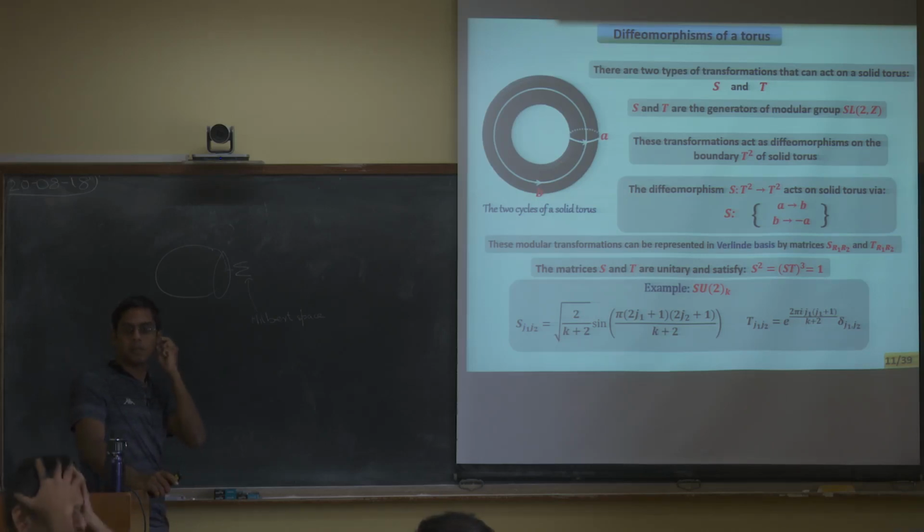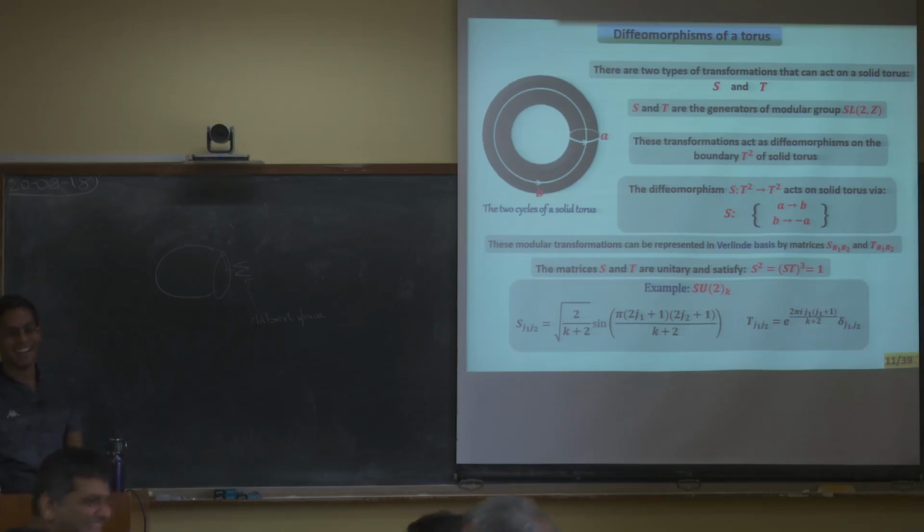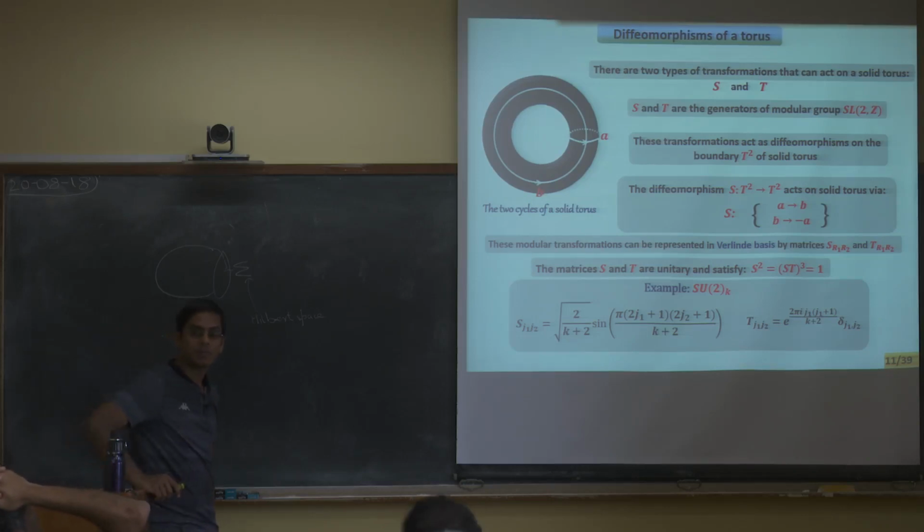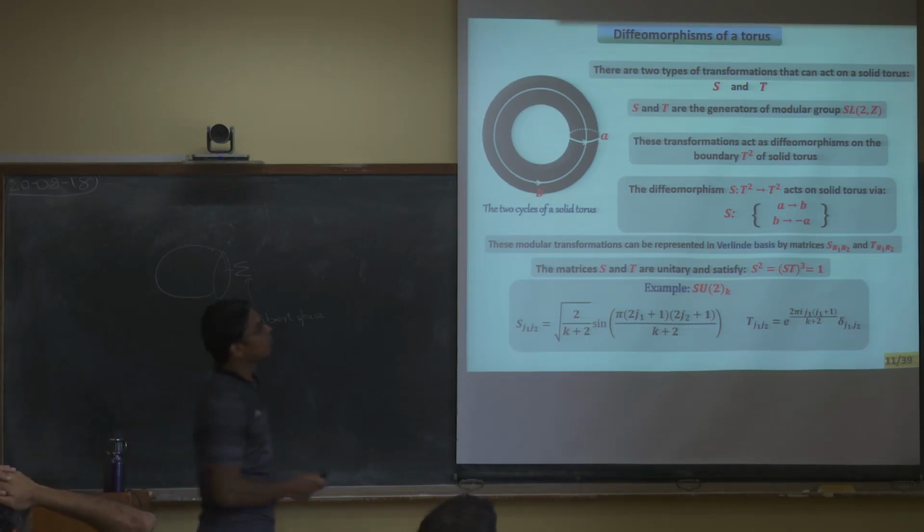What is this PSL2 and SL2? But does S squared give one? Just take S and act on it twice, you get minus. I think S squared is this charge conjugation matrix, right?